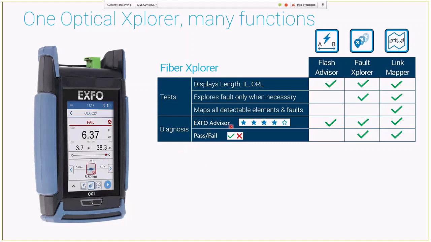With the unit, we also brought the XFO Advisor. And the XFO Advisor relates to what good looks like. So is 6.4 kilometers, almost 6.4 kilometers, with a loss of 3.7 and an ORL of 38.3 good or bad?